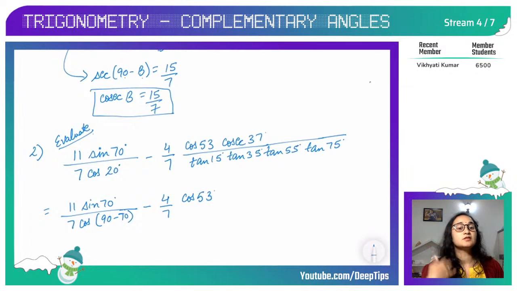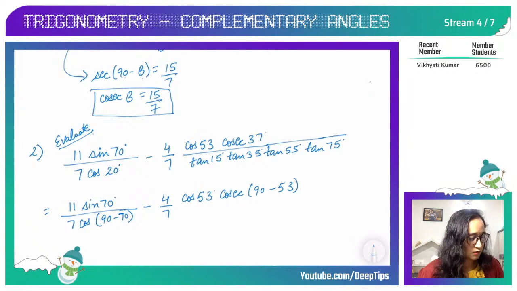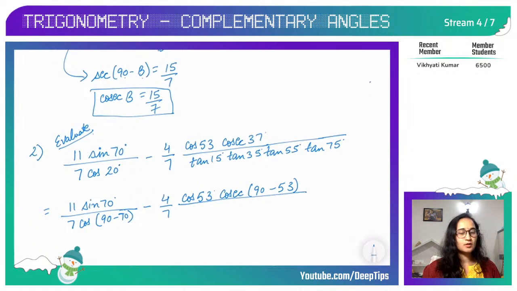I can change cosecant 37. I'll write it as 90 minus 53, which I can always do because I know that 90 minus 53 gives me 37, correct? So I have just rewritten 37 as 90 minus 53 in another way.